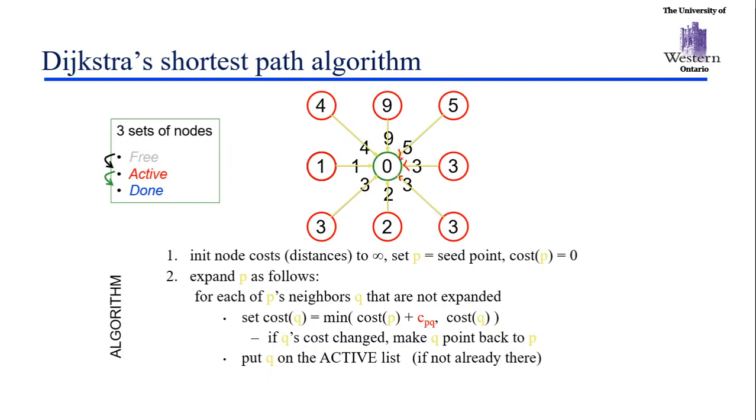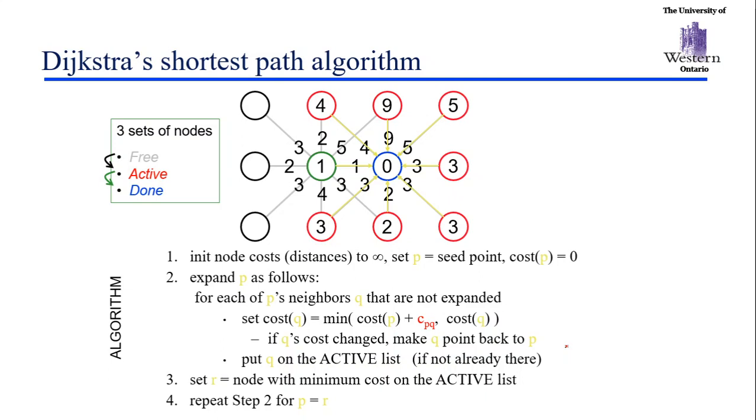These arrowheads we would use eventually to get back to the seed when the mouse moves around, to draw the path back to the seed. Okay, then put q on the active list. Actually p we remove from the active list. Now in the active list right now there are 8 nodes. All the red nodes are on the active list right now.